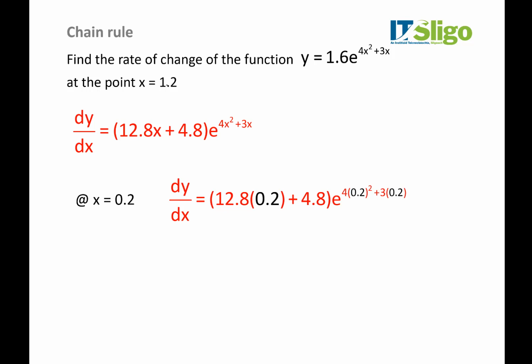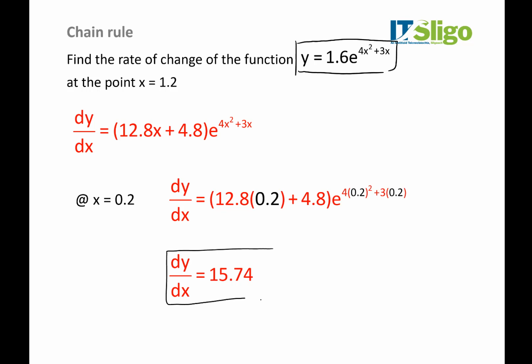Just be careful entering all the values, guys, but modern calculators try to make it at least as error-free as possible. And we end up with the slope of the function. So this is quite a complex function. But without even drawing a graph, we can now tell what the exact slope is at any point we're interested in at all.